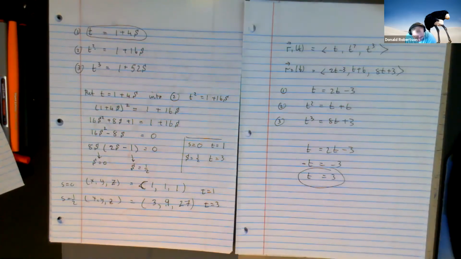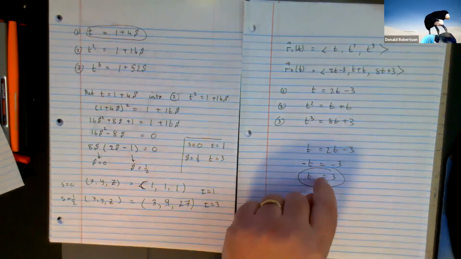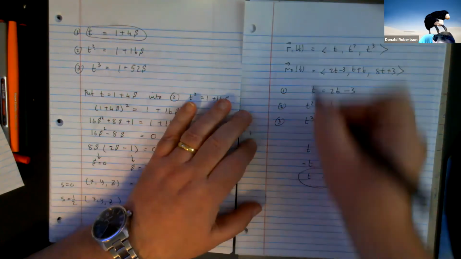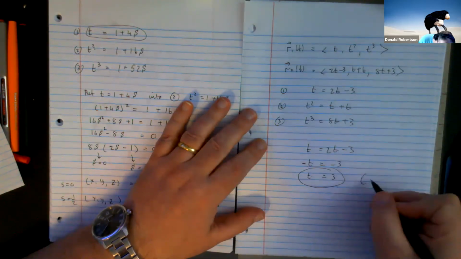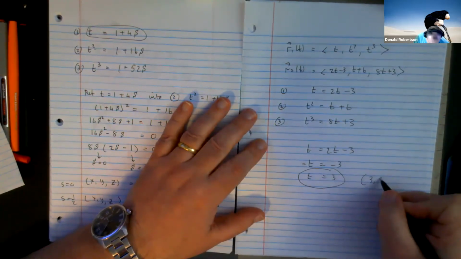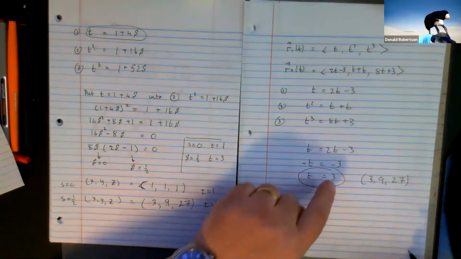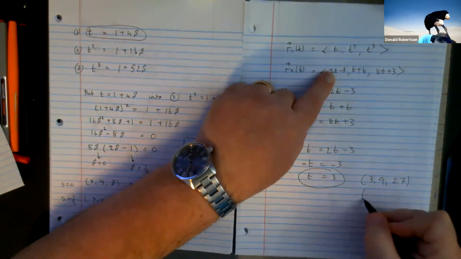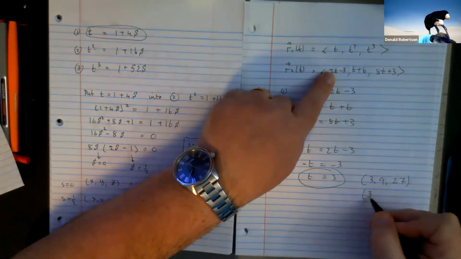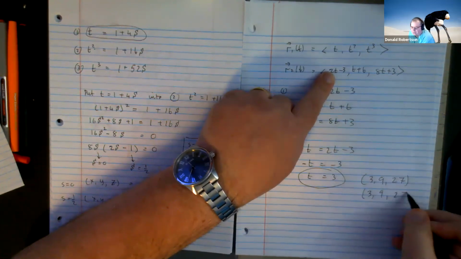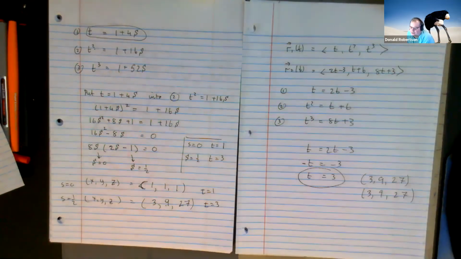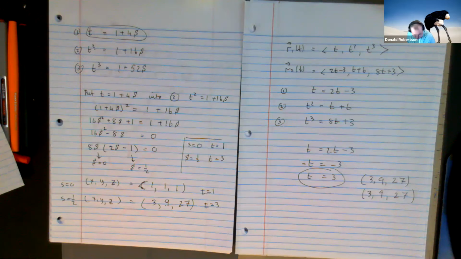And can you trust me that if you plug t equals 3 into the first space curve, you'll get 3, 9, and 27. And if you plug t equals 3 into the second one, you get 3, 9, and 27. So the point where these two intersect, right, crash into each other, is that single point there.